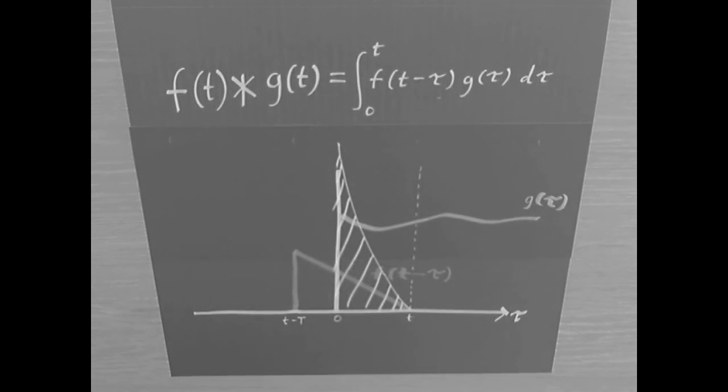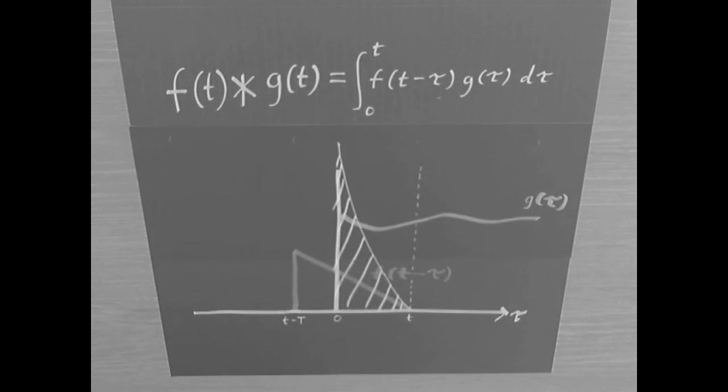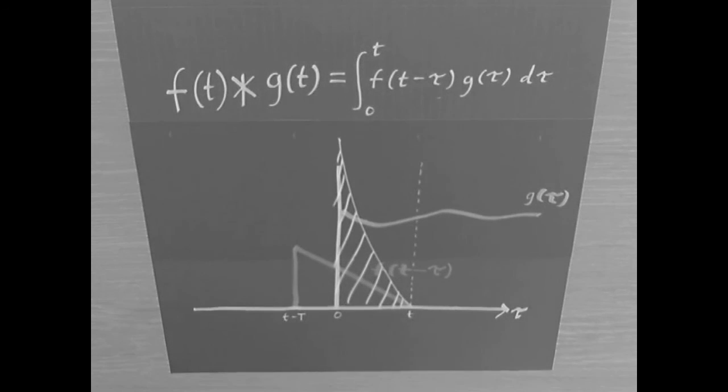Or to put this another way, the response of our system at time t is graphically depicted as the area underneath this curve. And that is the conclusion of what we wanted to show today.